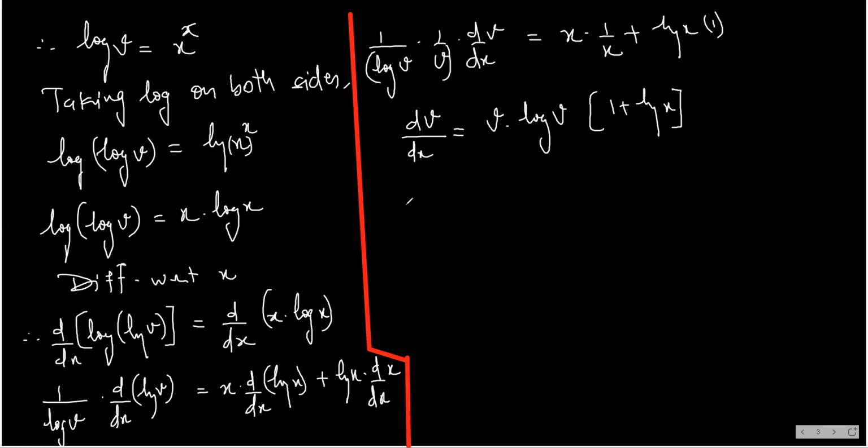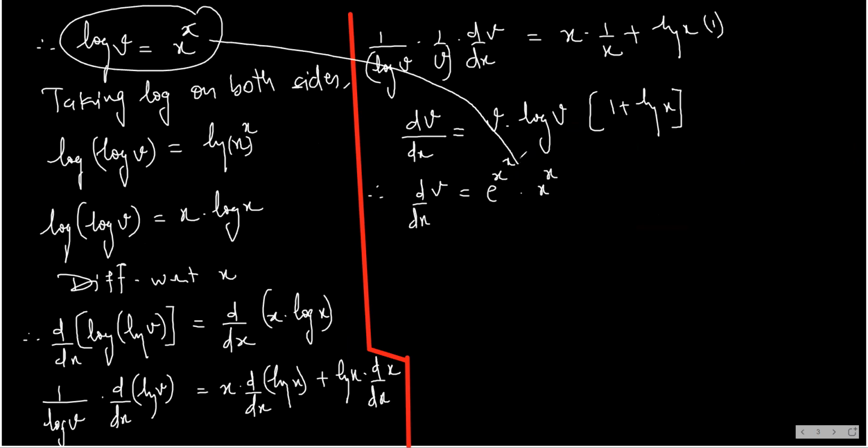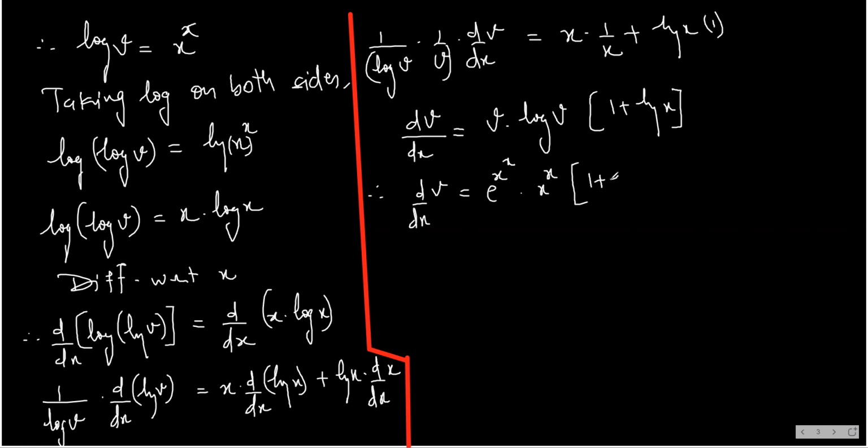So here I write, therefore, I'm using this log v here. Log v is x raised to x. And this is 1 plus log of x. This is number 4.